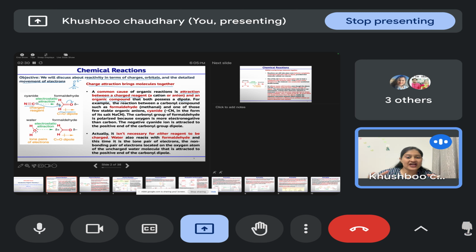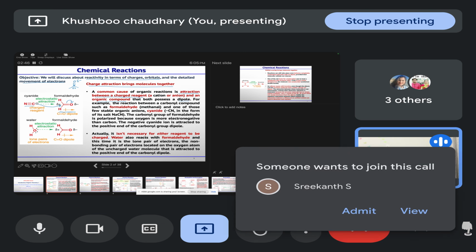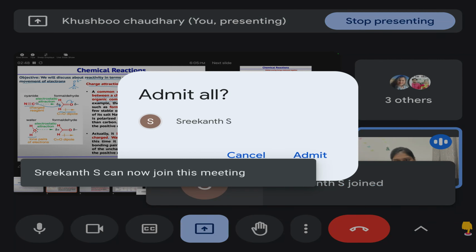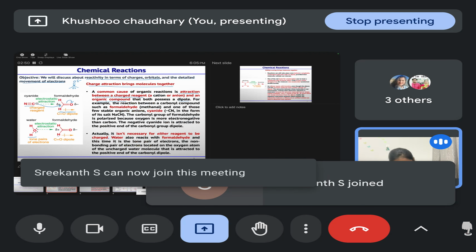So, because of the charge interaction, the attraction between this charged ion and the dipole present in the carbonyl system, these molecules come together and react with each other. Similarly, water also reacts with carbonyl. How is it reacting?